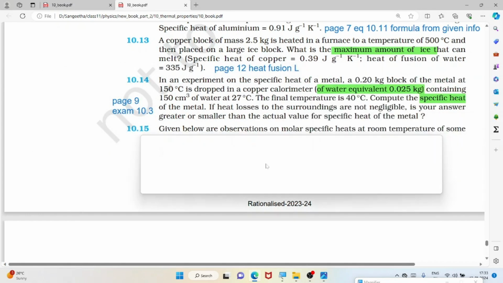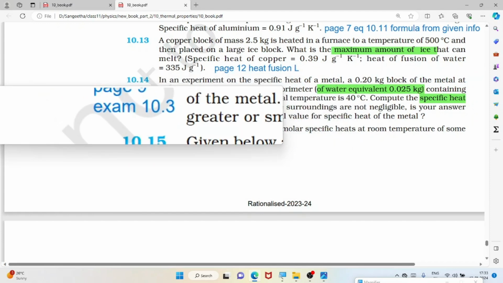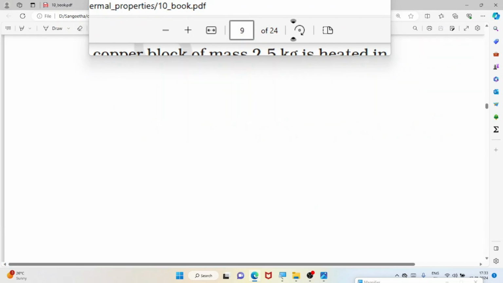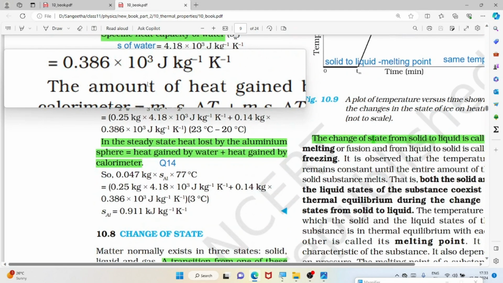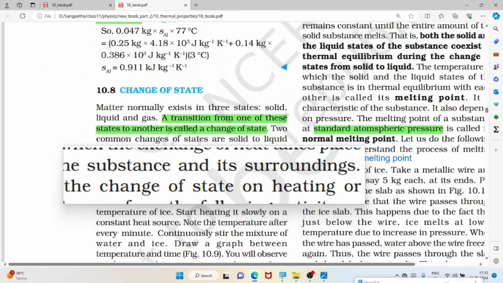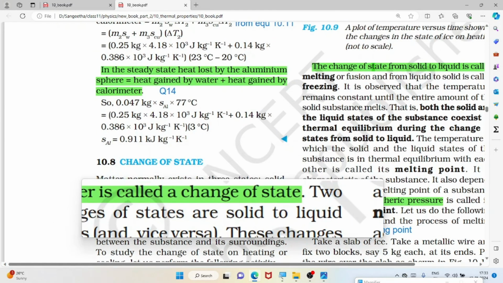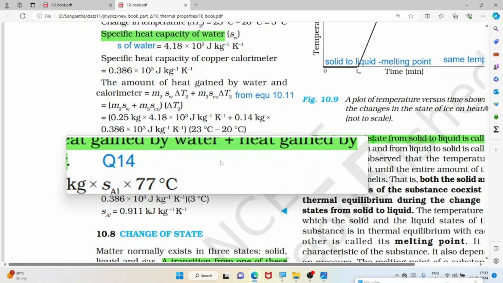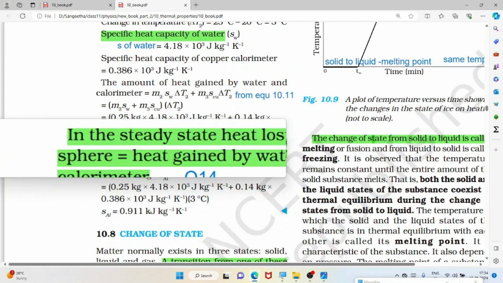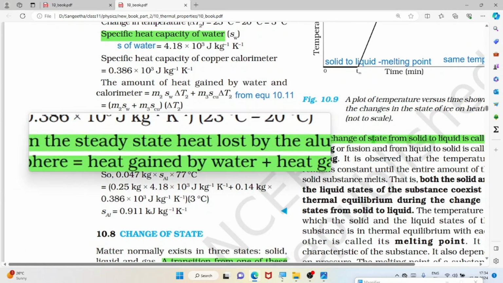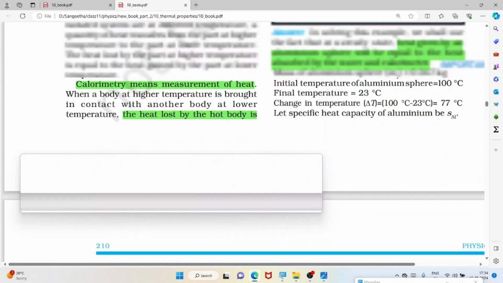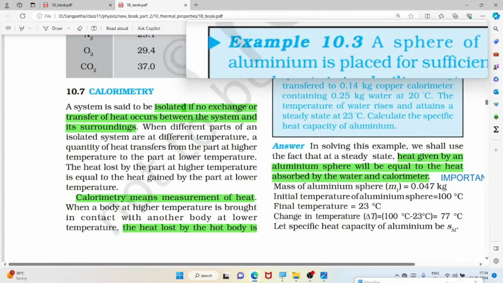Final temperature, okay, specific heat capacity. Okay, this example is similar. In this example, in the steady state, heat lost by the aluminum sphere equals heat gained by the water plus heat gained by the calorimeter. Okay, so this problem is similar to that problem.